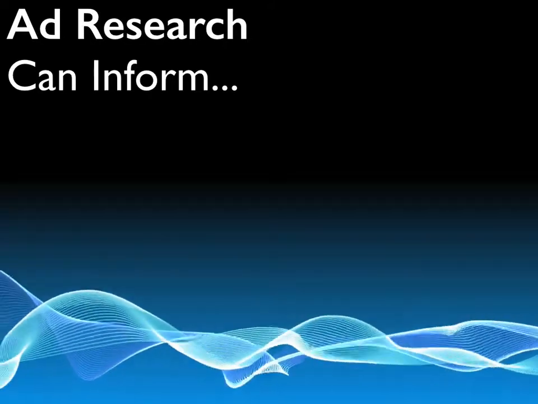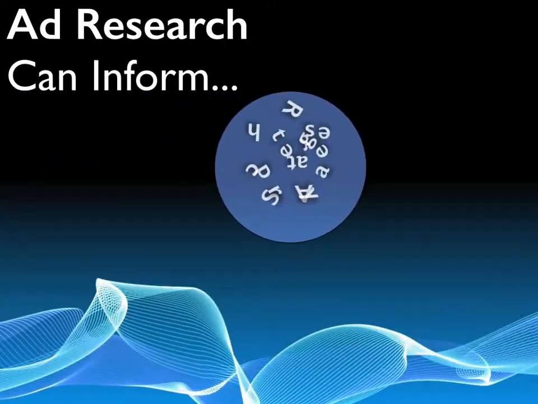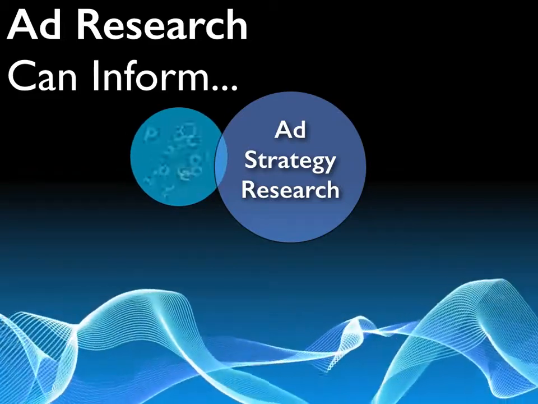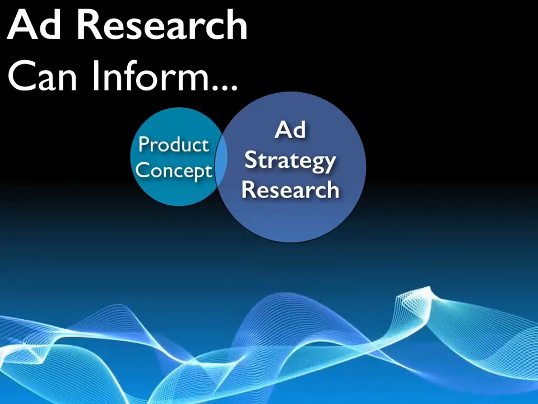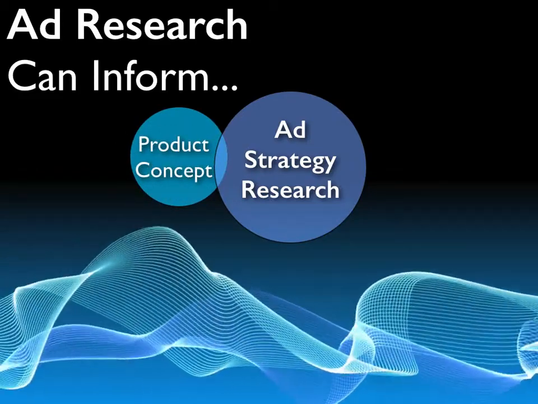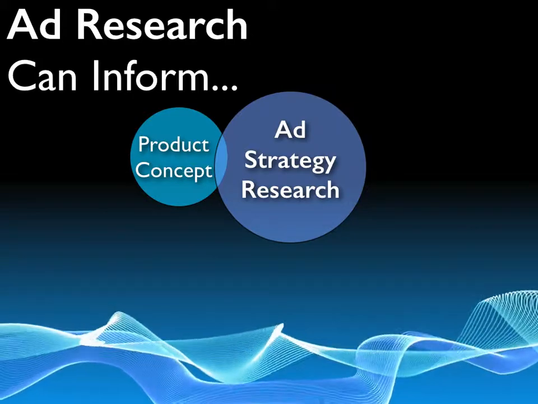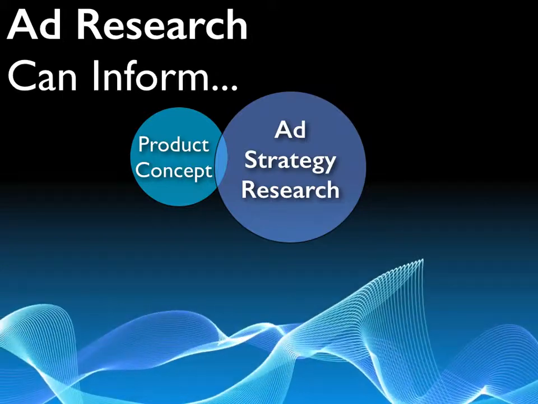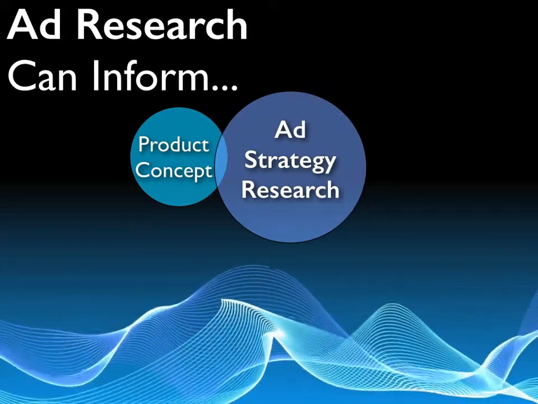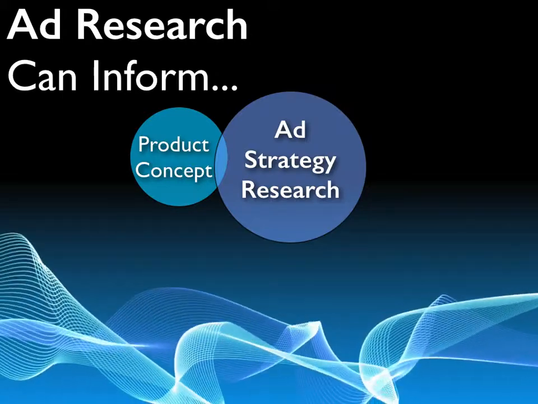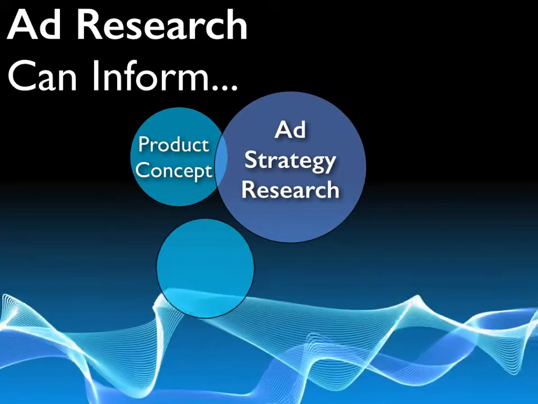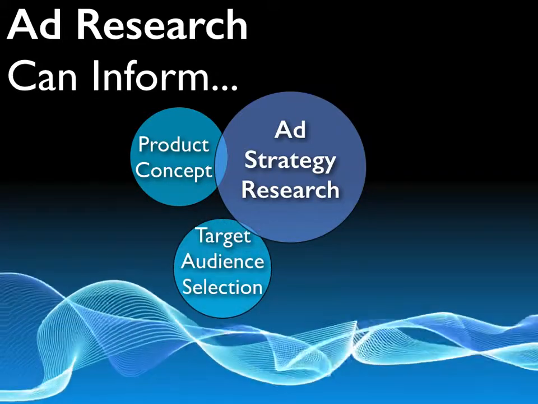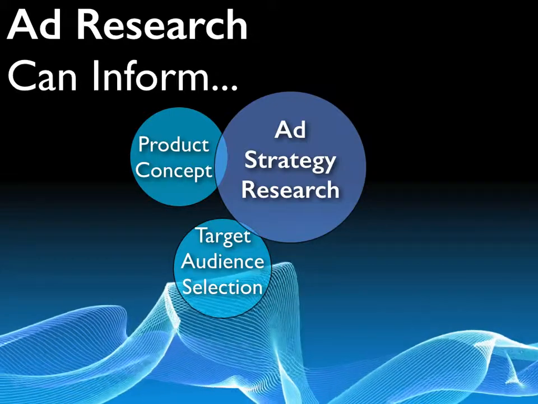So ad research can inform product concept, so creating a concept. You do research and you realize, oh my God, there's no market, or there's no product to fulfill a need in the marketplace, right? Like, who knew we needed Snapchat? Target audience selection.